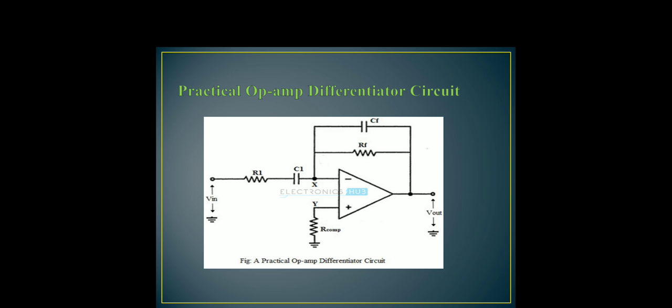Now let's see the actual or practical op-amp circuit as a differentiator. Again, it acts as a high pass filter. Here in this circuit, R1 is connected in series with the input capacitor C1 and capacitor CF is connected in parallel with feedback resistor RF. This combination of components avoids the noise.